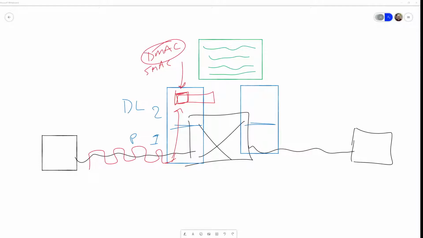If the destination MAC address is in fact the MAC on the NIC of this computer over here, then the Ethernet frame is forwarded across the backplane of this switch right here. It then descends the protocol stack, going back down, and is sent as a binary bit stream, arriving at the computer over here.